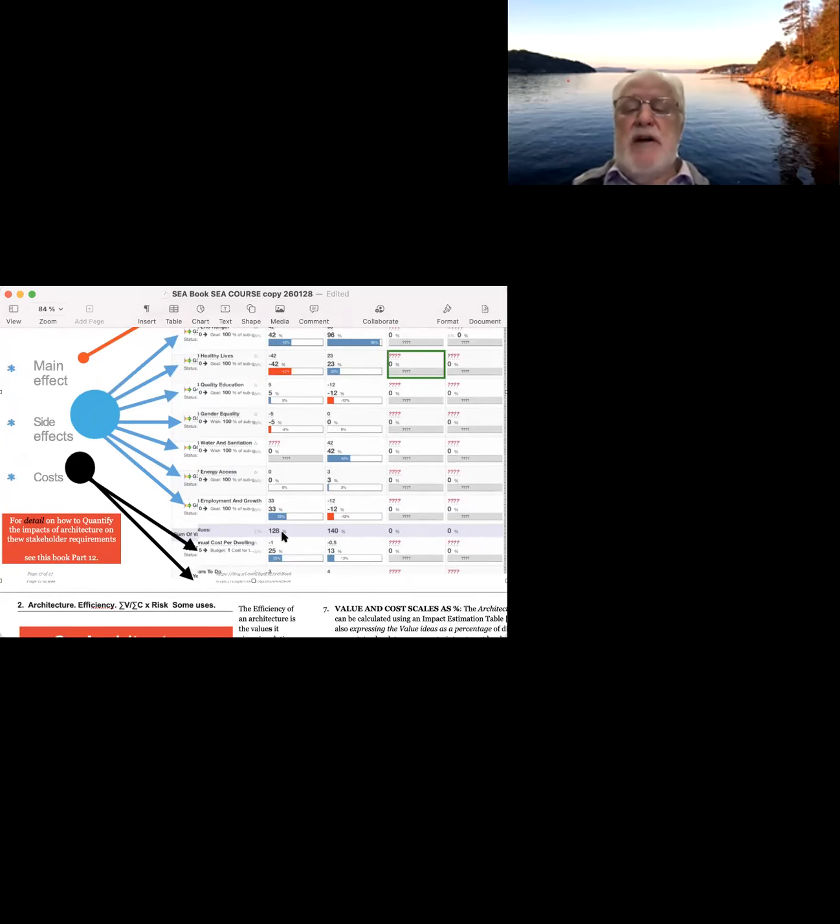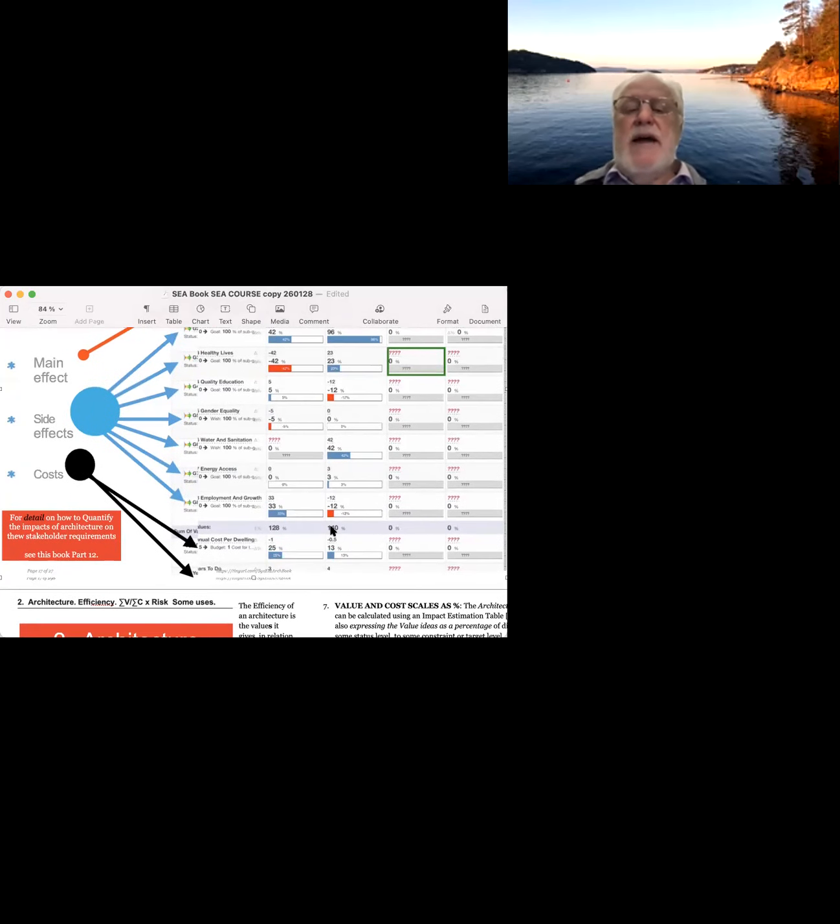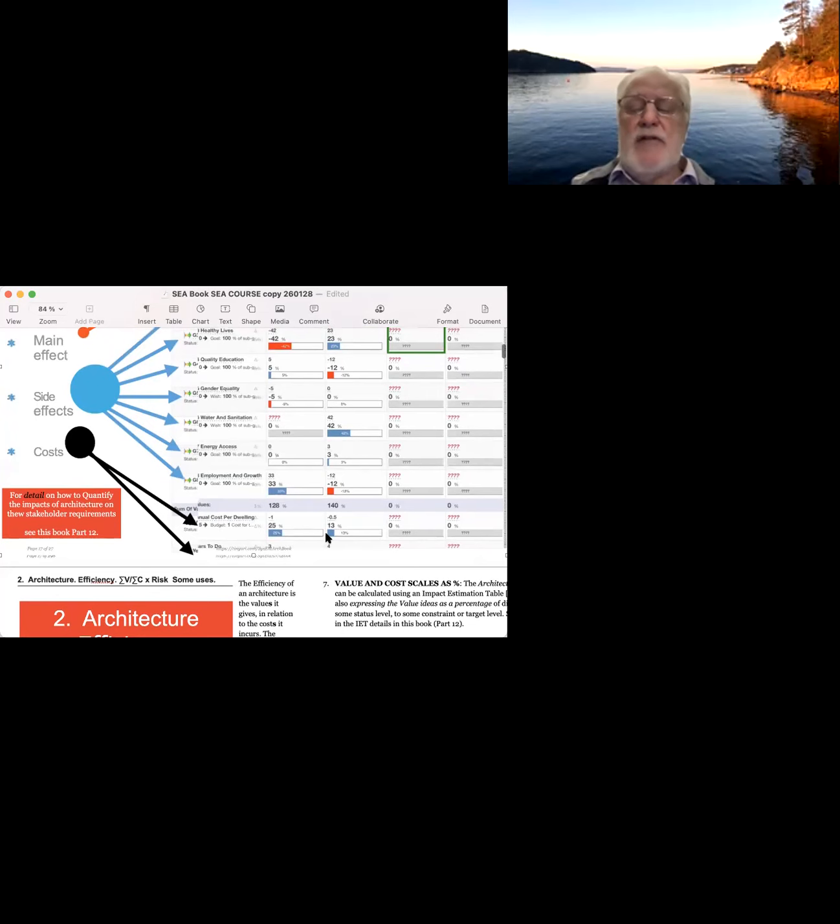These two numbers, 128 and 140, just mean they're a lot better than zero, and they're roughly the same, so it doesn't matter what you choose. So we use rough modeling. It's not perfect modeling because they don't perfectly add up, but they add up well enough that I can use this number to prioritize maybe 140 before 128, and these have no priority because it's not known what they do. Then I can start looking at their costs.